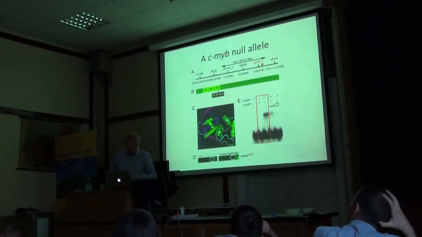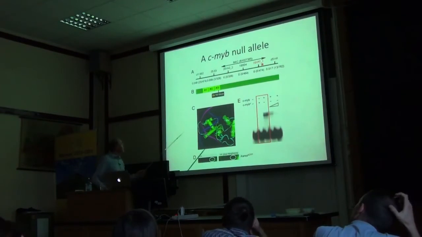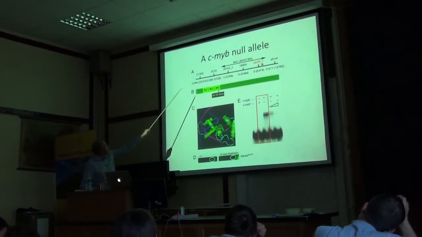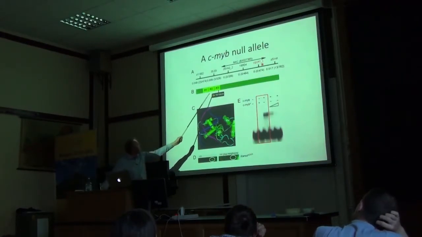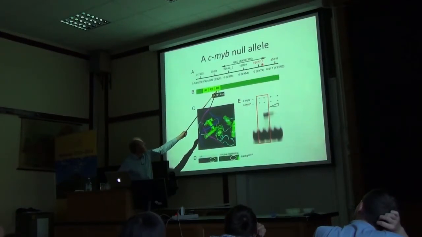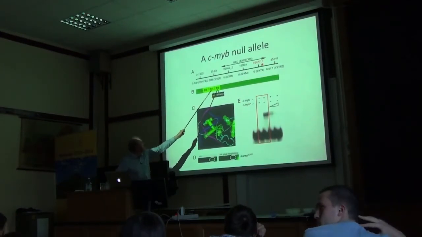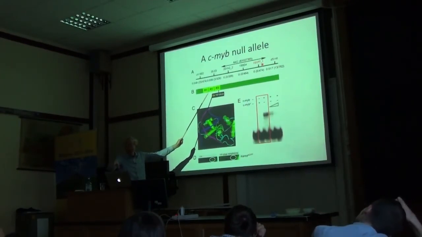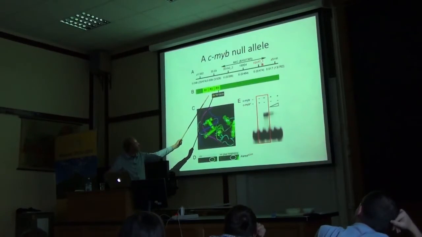So what Christian Sosa in the lab discovered was that the mutation in this particular mutant that he found was in the c-MYB gene, as I said, and it changed one amino acid in the third helix of the DNA binding domain of this transcription factor, where it normally recognizes sequences on the DNA in chromatin and then regulates gene transcription.